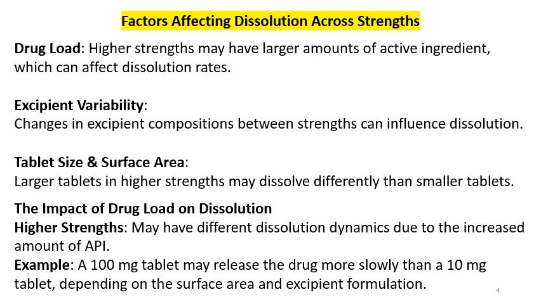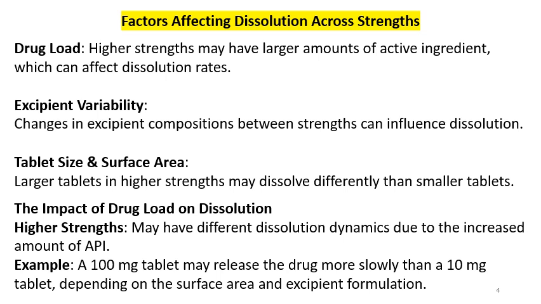One of the important things is drug load. Higher strength will have a higher amount of API, that is high drug load. Lower strengths, middle strengths will have a lower amount of API in the formulation compared to the highest strength, and this will impact the dissolution rate.